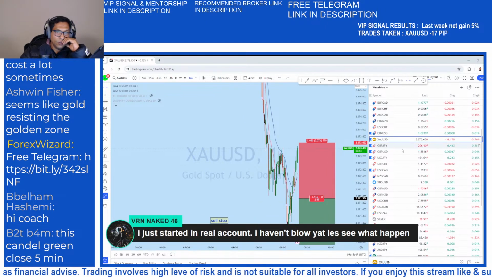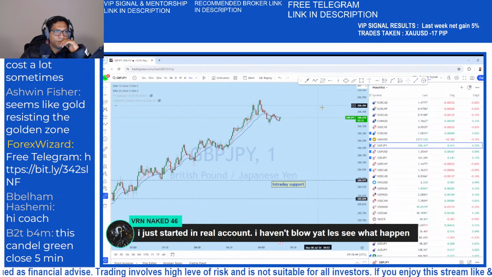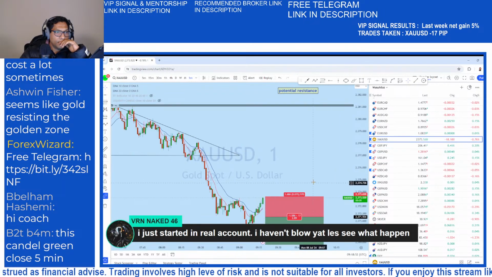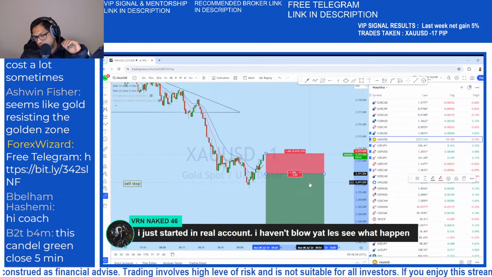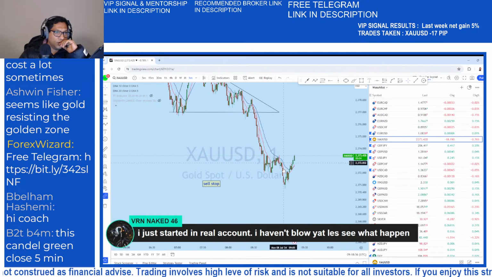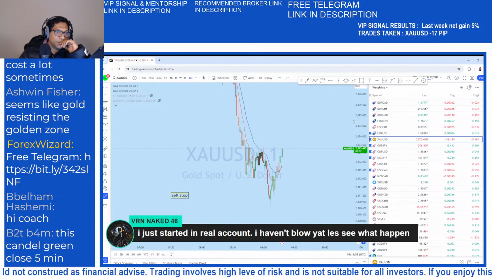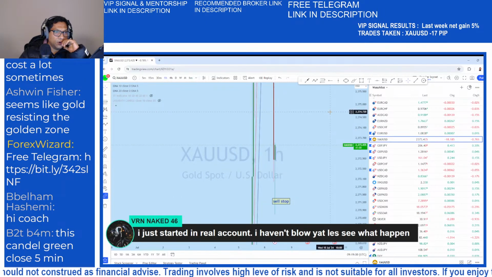Okay, wait for the next opportunity. Very unlucky. We saw that break and then grab the liquidity and then got a bounce.